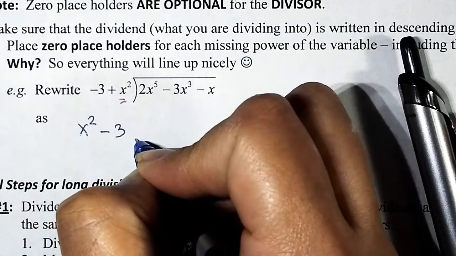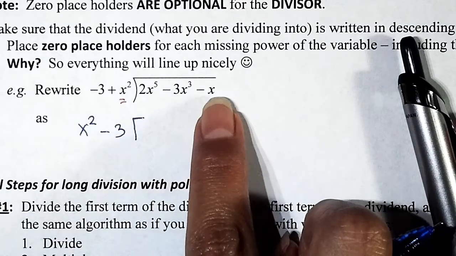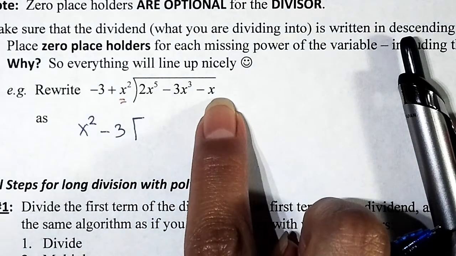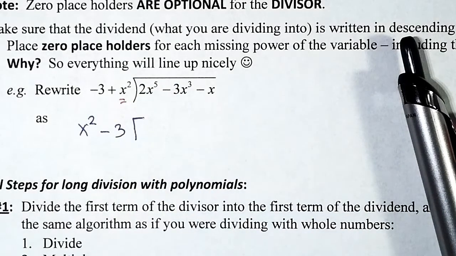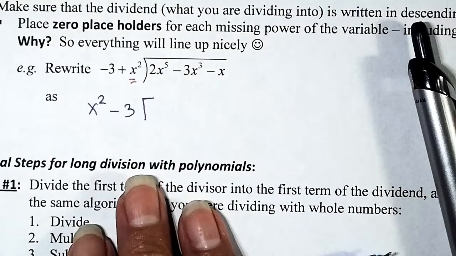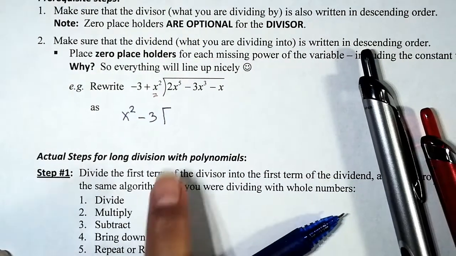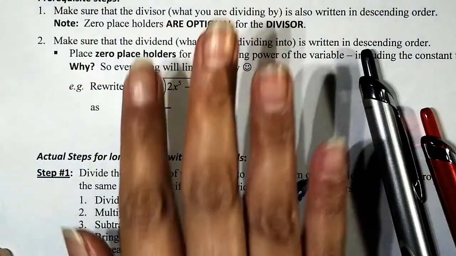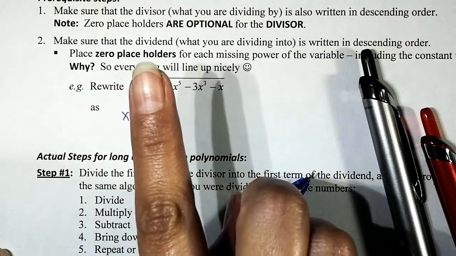For the dividend, what we're dividing into, it doesn't suffice just for the polynomial to be in descending order. We need a term for each power going down, and if not, we'll use 0 placeholders. The degree is 5, so I'm expected to see x to the 5th, 4, 3, 2, 1, blast off.